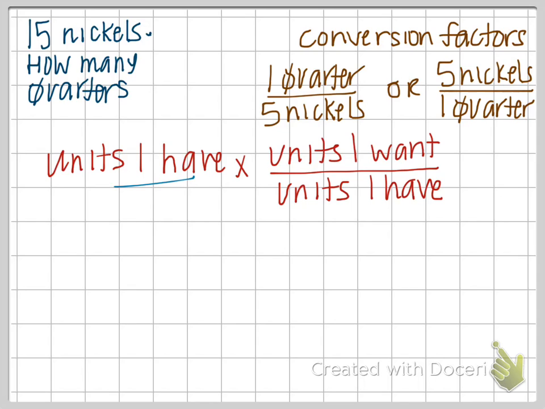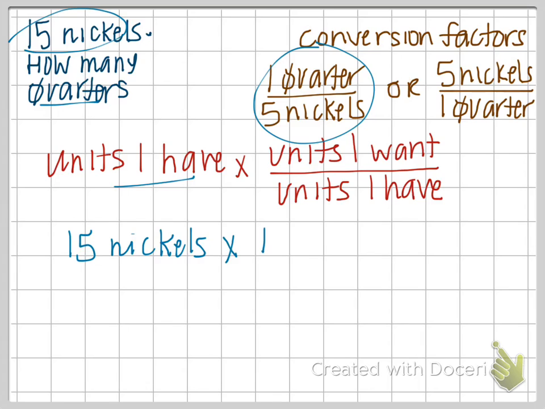But from here, the units I have are 15 nickels. We're going to multiply that by the units I want. I'm looking for quarters on the top, so I'm going to use this conversion factor. And when I multiply this across, first of all, I'm going to cancel out those nickels because they can go away.